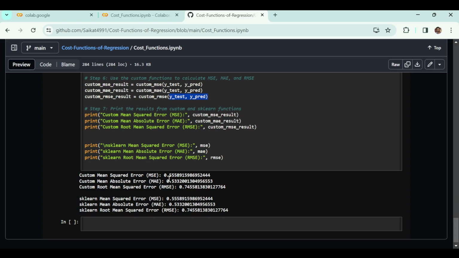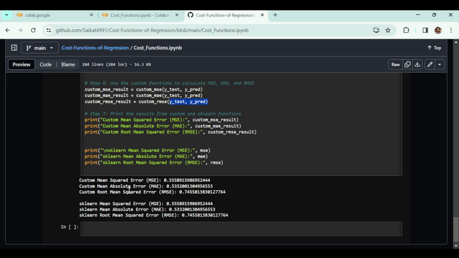For that reason it gives you the same result. By this you can also see the MAE is the same, 0.53 and 0.53. RMSE is 0.7, and this is also 0.7 for the custom as well as for sklearn. It is the same.